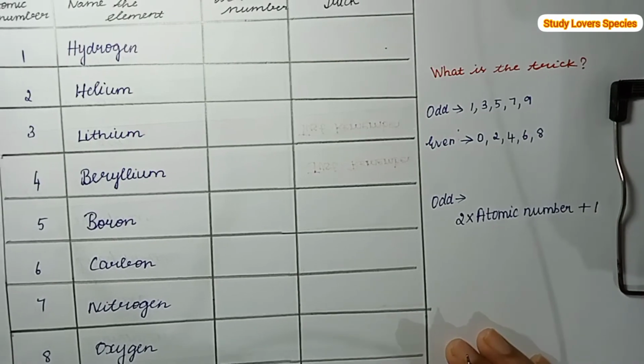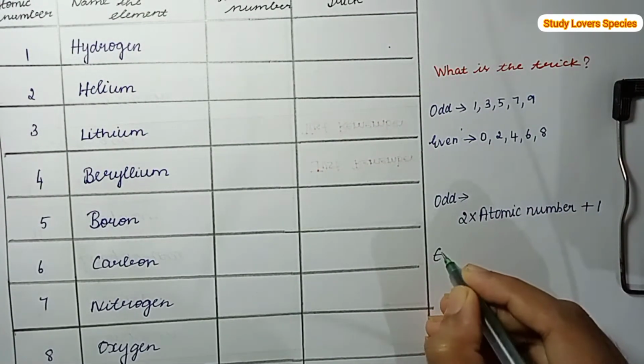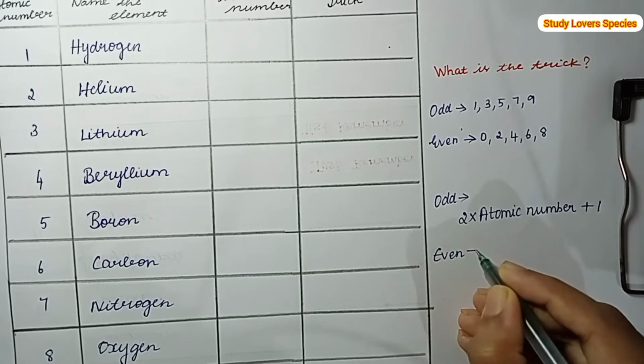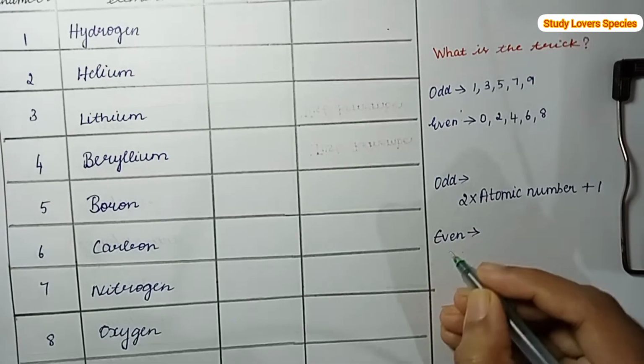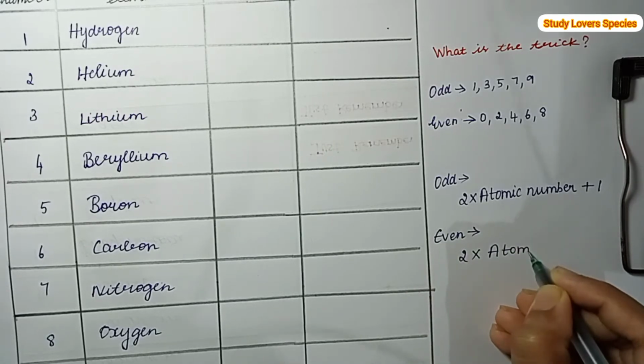For the elements which have an even atomic number, you should use the formula 2 into atomic number.